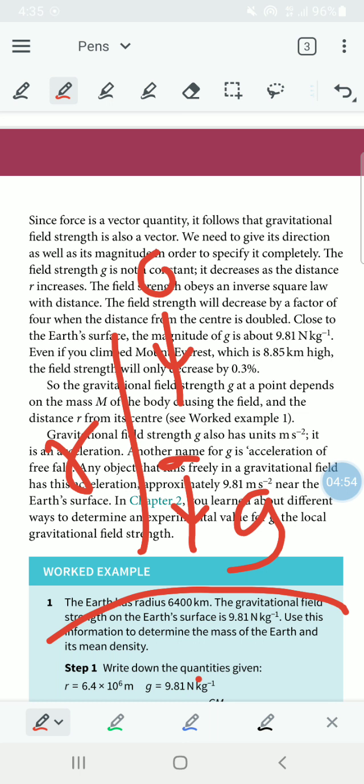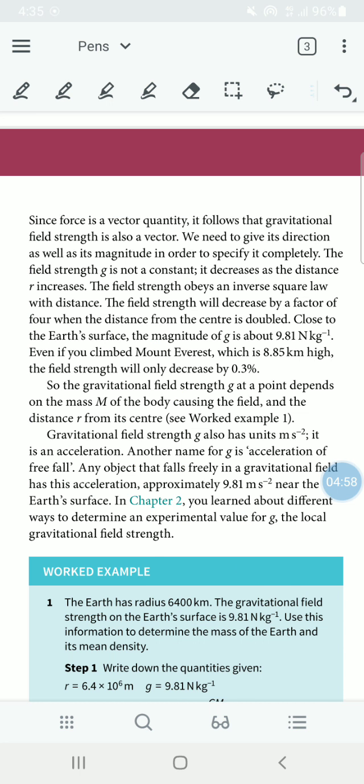I hope you understood. The magnitude of g is about 9.81 newtons per kilogram. Even if you climb Mount Everest, which is 8.85 kilometers high, the field strength will only decrease by 0.3%. But if you go really up into the sky, then there is a big decrease.